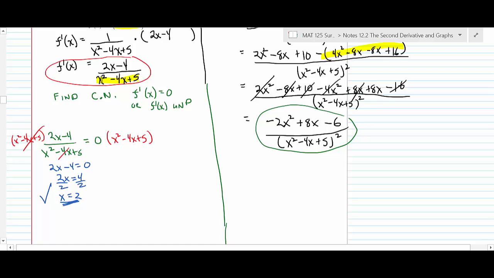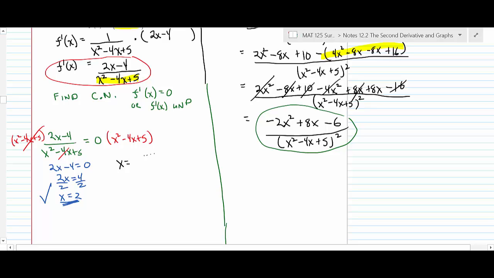Okay, now it looks like that doesn't factor because of that plus 5 there. I'm going to go ahead and put this in the quadratic formula. Students always kind of groan when I have to do the quadratic formula, but we have to deal with it every now and then. Okay, so let's go ahead and put it in and see if it leads us anywhere. It may not give us any solution.